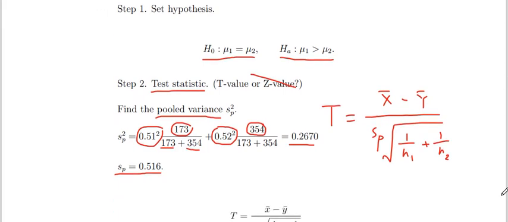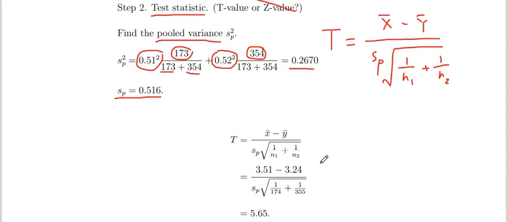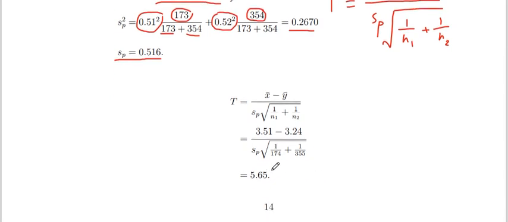Then we have to use this formula. If we use a different formula, I will take a point off. If we assume the variances are equal, you have to use this formula: x bar minus y bar over SP, put this number here, times the square root of 1 over n1 plus 1 over n2.